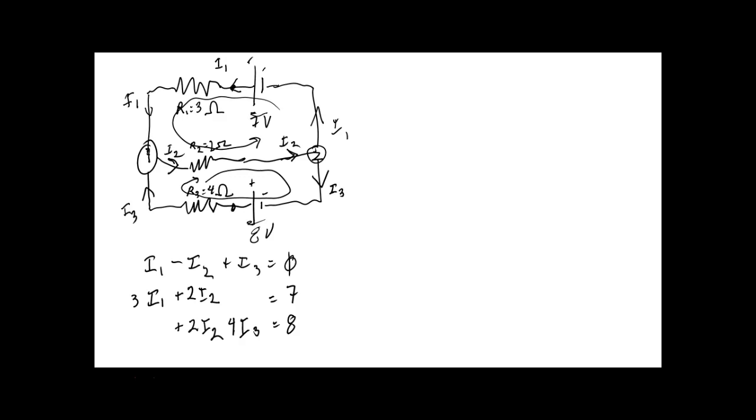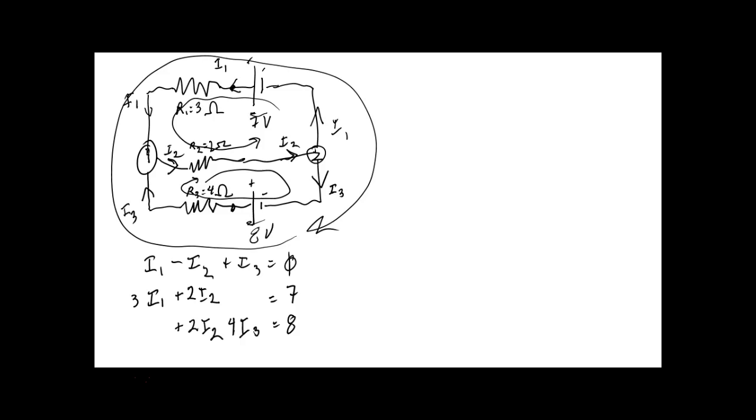You need 3 equations. We got them. Now, did we have to use those loops? No. We actually could have used the loop around like this. If we'd used that loop, I would have started here, and that would have been a 4 I3, and then this would have been a 3 I1.